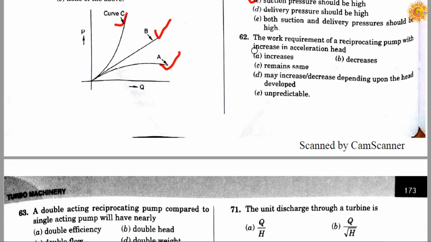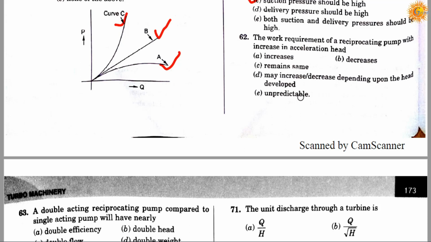Question number 62. The work requirement of a reciprocating pump with increase in acceleration head. Option A increase, option B decrease, option C remain same, option D may increase or decrease depending upon the head developed, and option E is unpredictable.